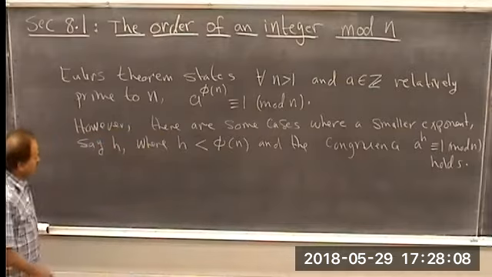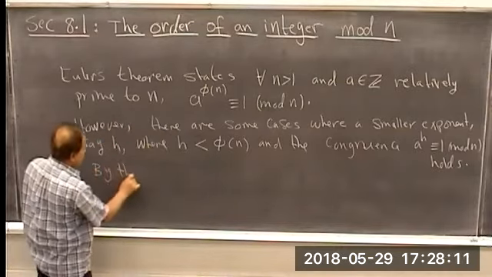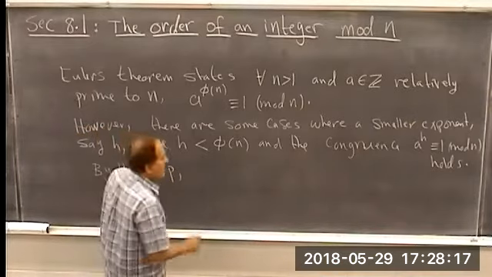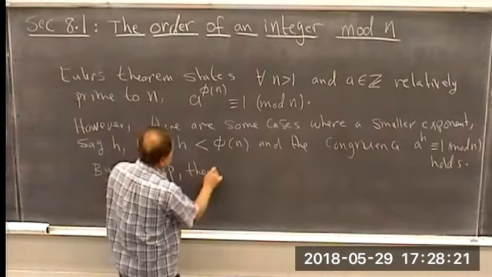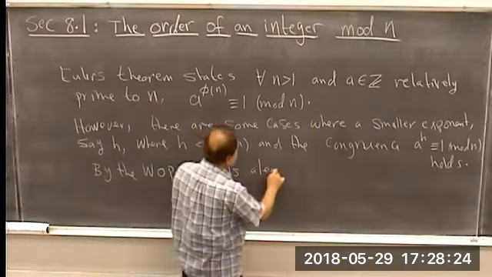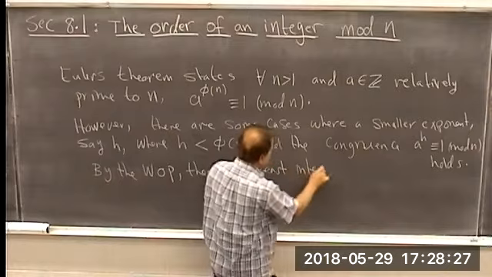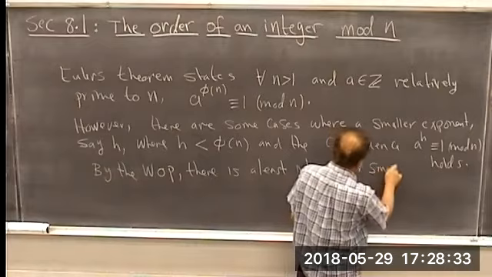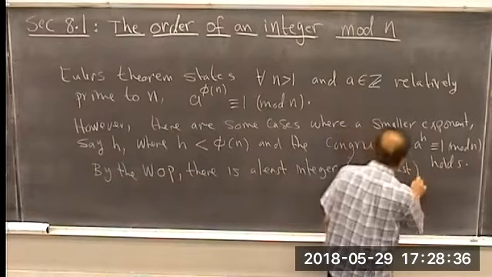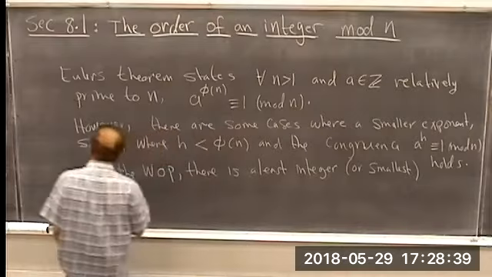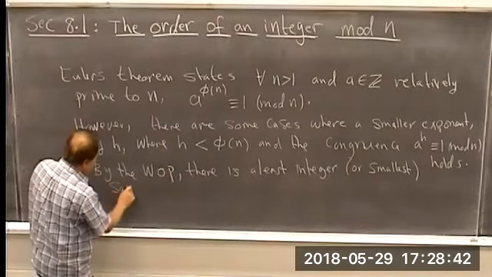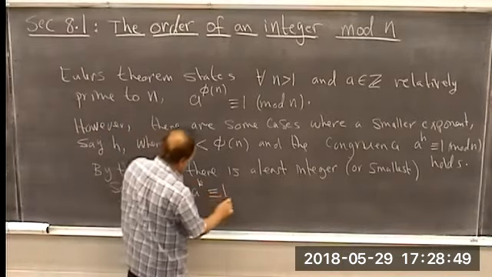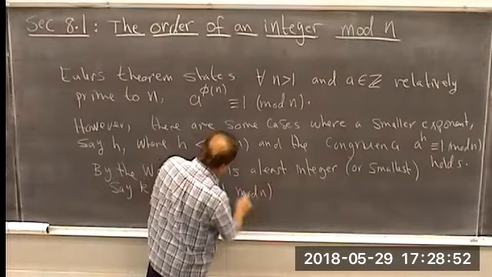So by the well ordering principle, there is a least integer, or smallest integer, let's say k, such that a to the k is congruent to 1 mod n.